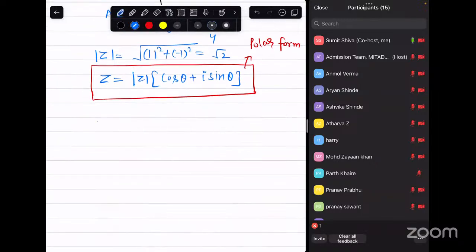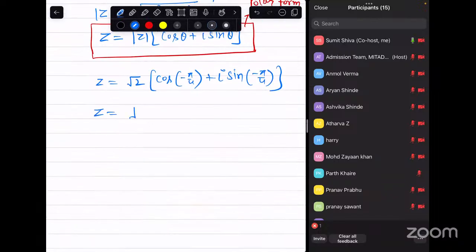So complex number z in polar form will be root 2 times cos theta, that is minus pi by 4, plus iota sin theta, that is minus pi by 4. If you rearrange it, complex number z will be root 2 times cos pi by 4, because cos can absorb its minus, but sin cannot.